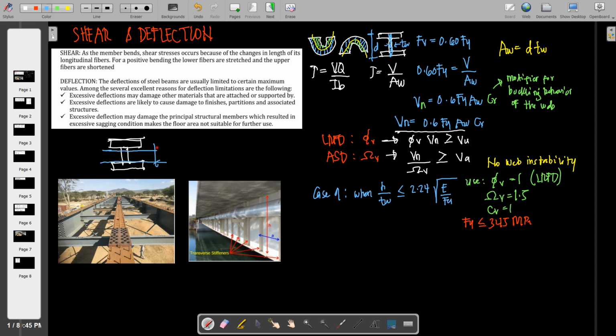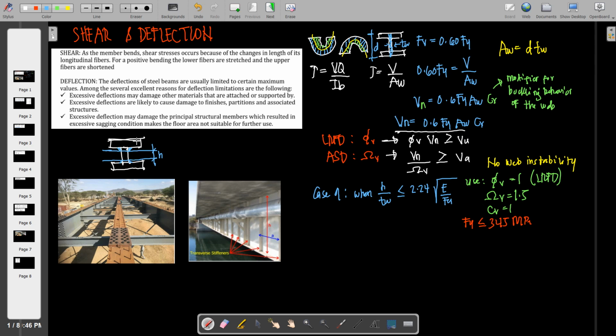So this is our H. Of course, in exaggeration we need also to consider here the fillet at the toe of the web. There is also a fillet at the toe of the web between the flange.